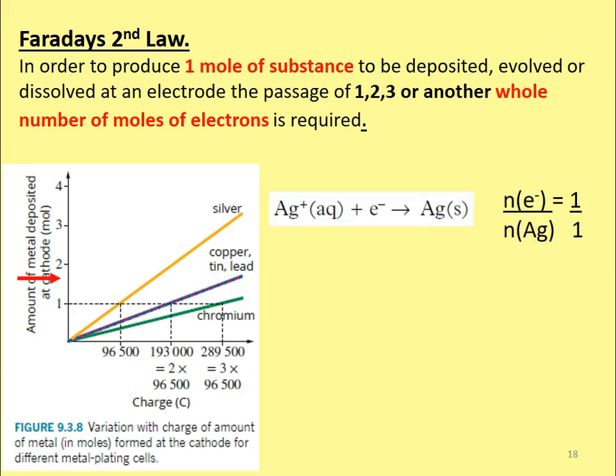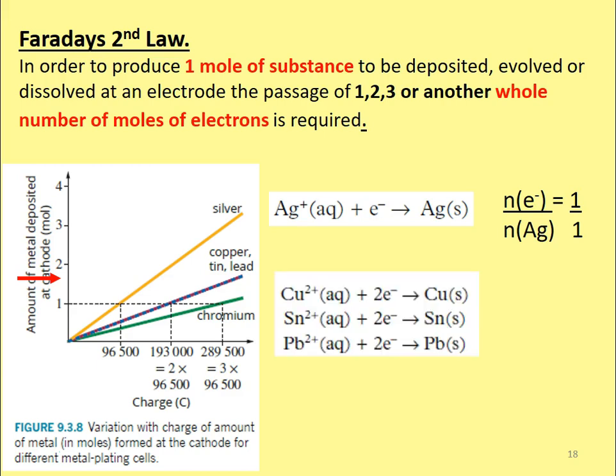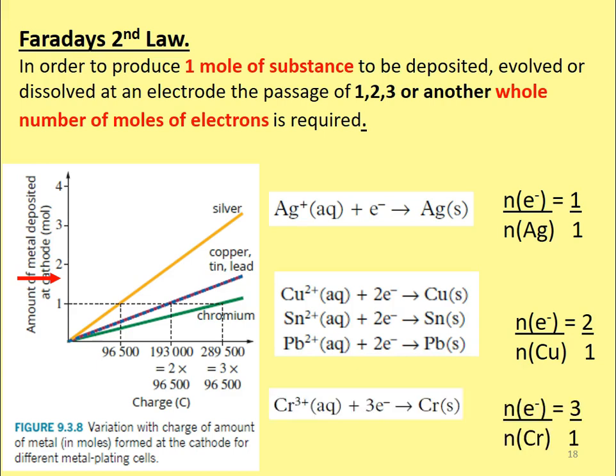If it was silver that you put the electrons through, you would have a different number of moles being produced than if it was copper or chromium, because it's a 1-to-1 relationship for silver. For every 2 moles of electrons you would only make 1 mole of copper. 3 moles of electrons you would need for 1 mole of chromium.